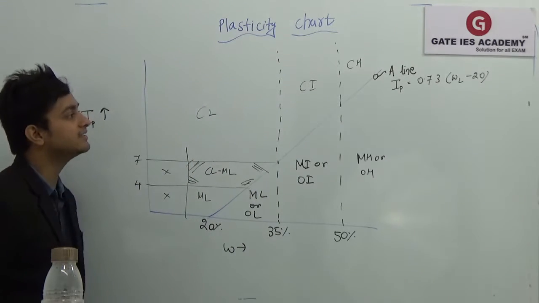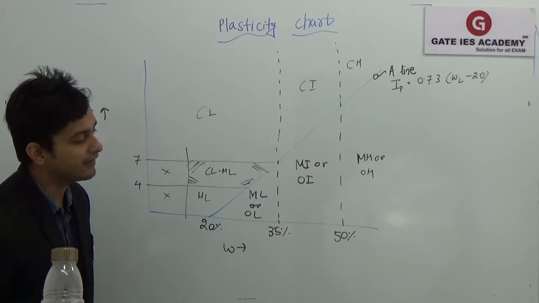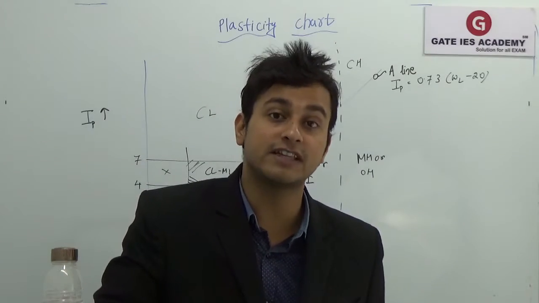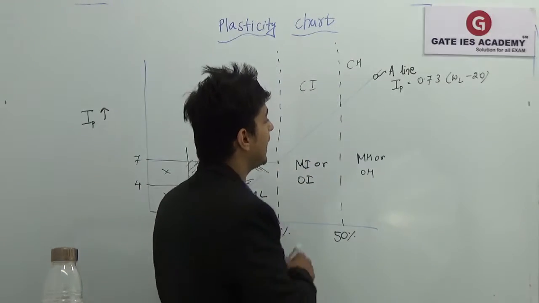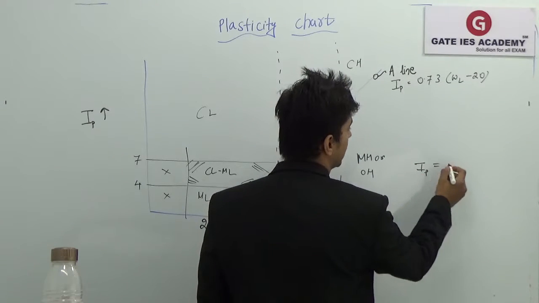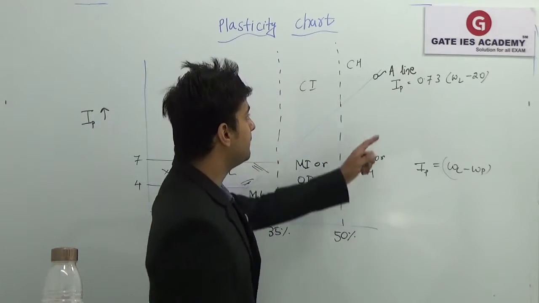Now, as I have created this IP value, there can also be a different IP value, because if WL and WP for that particular soil are given, we can calculate the actual IP for the soil. That will be nothing but WL minus WP. So here we'll compare this.